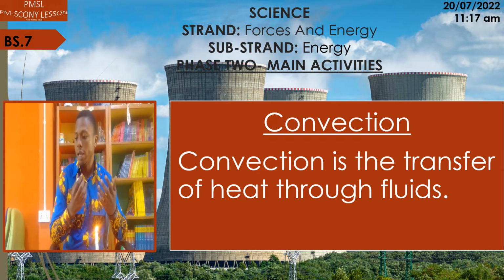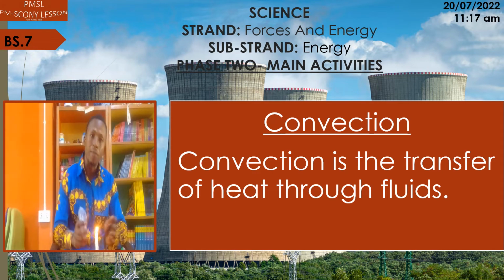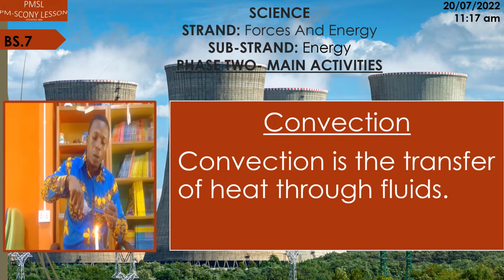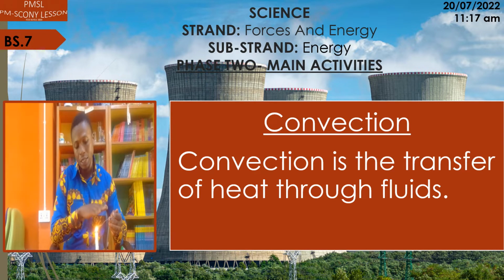So we are going to do a demonstration of convection. Right now I have my metal spoon over here, I have my water over here, I have my Bunsen burner. I'll put the water inside the spoon, and after that I'll place it on top of the flame of the fire.